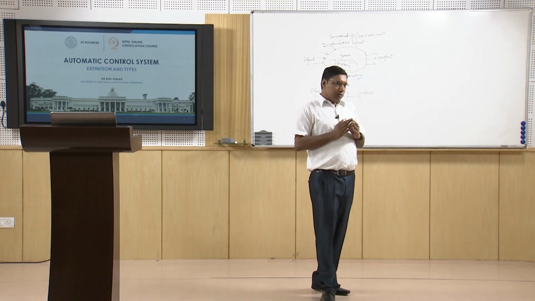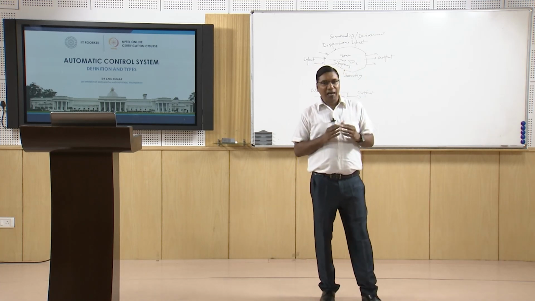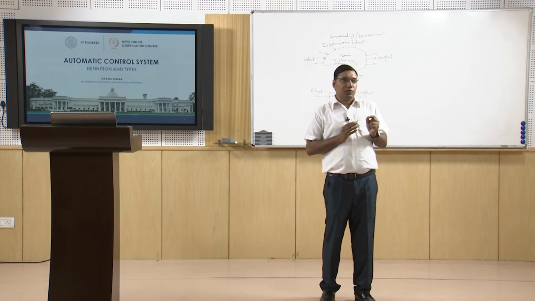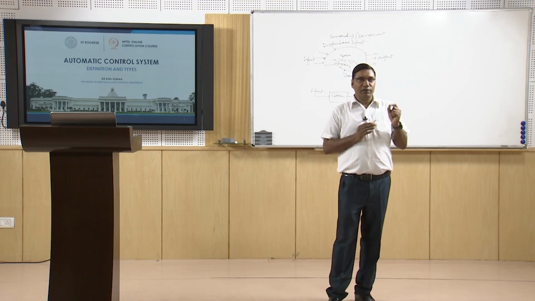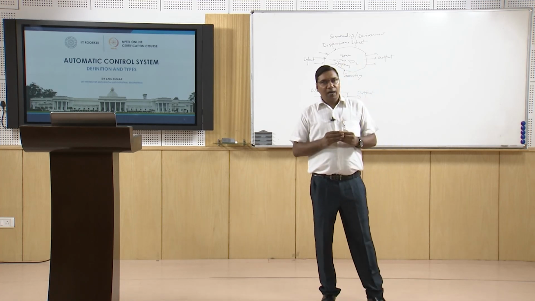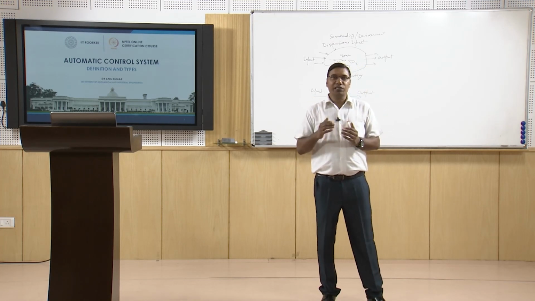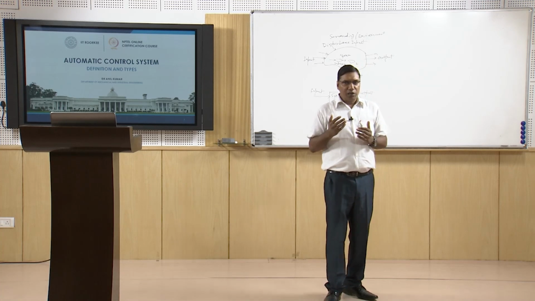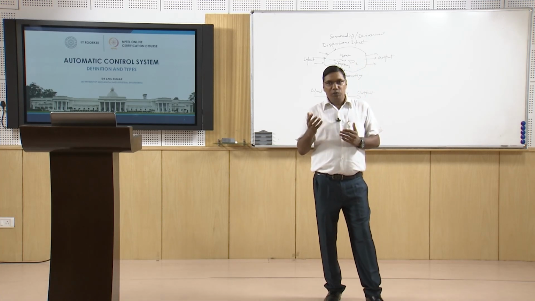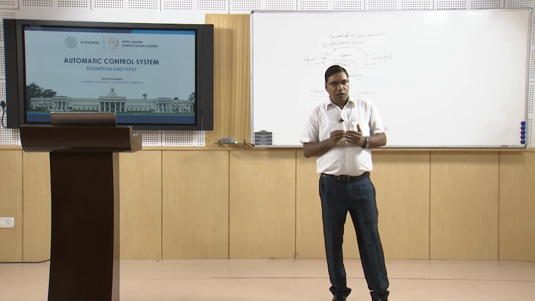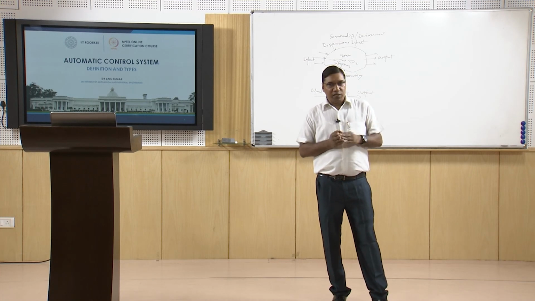In any system, mechanical or electrical, we try to give a specific input, meaning we know that we are going to give the input and the system should give certain output. So that is the desired output. We expect some output from the system, not any output, but the desired one that we want, with desired performance.